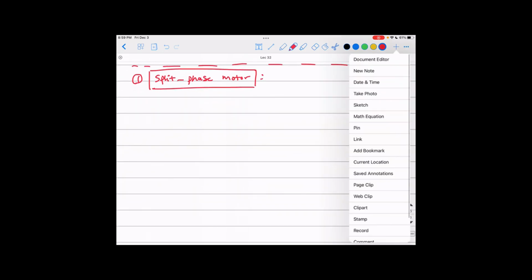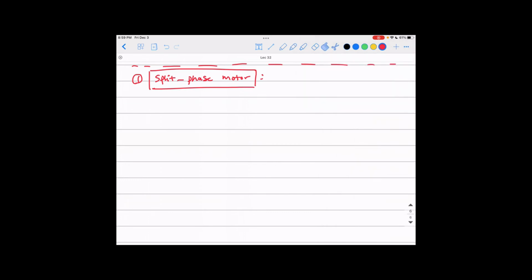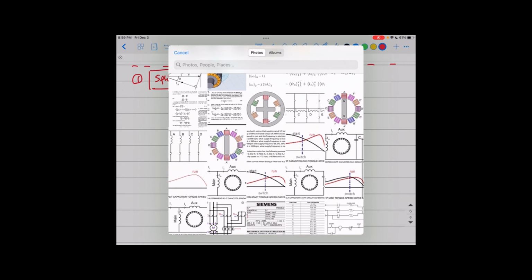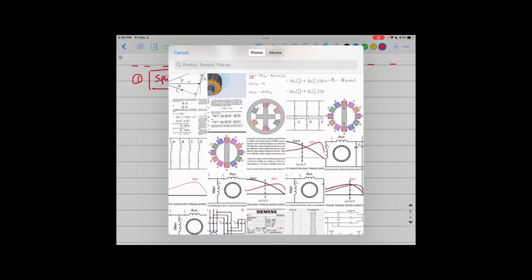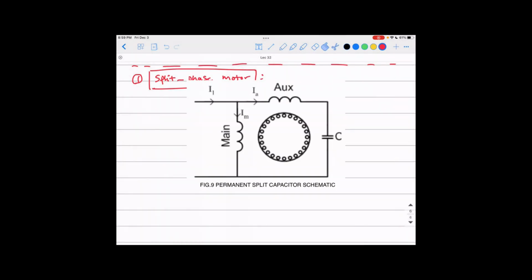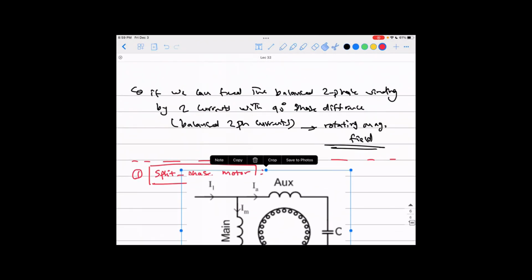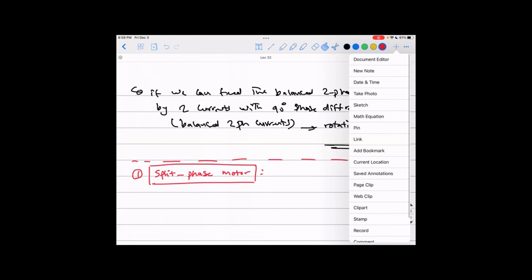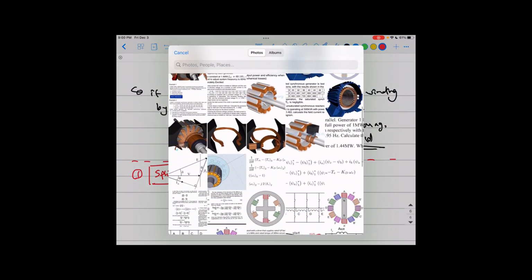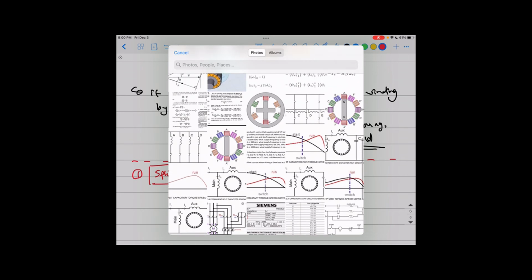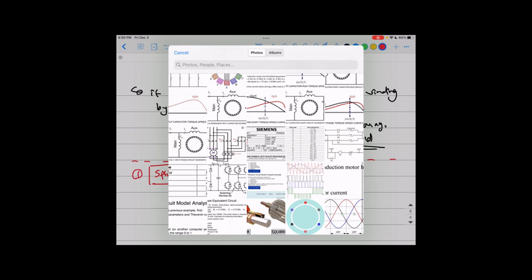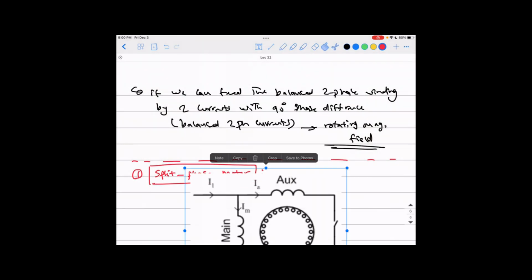Oh, let me grab you the photo for the schematic diagram of this one. Okay. This one.